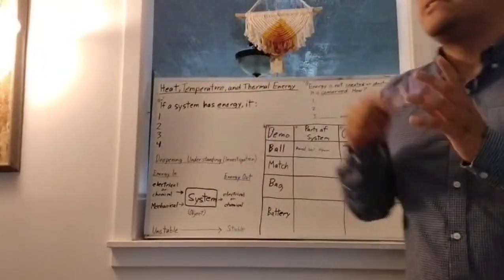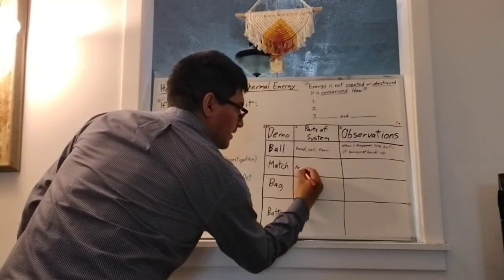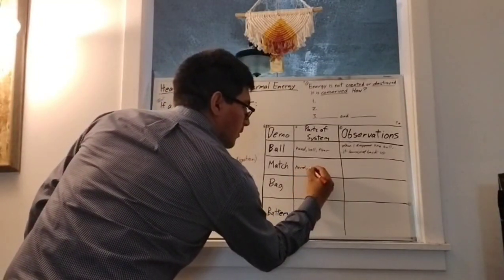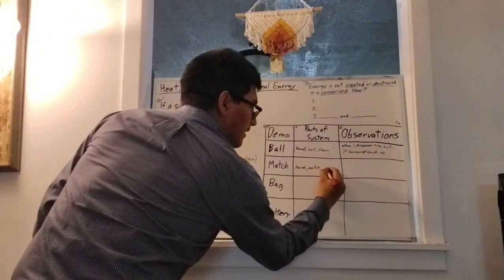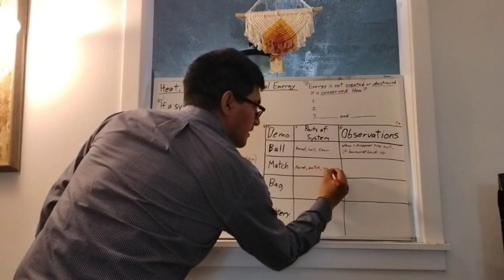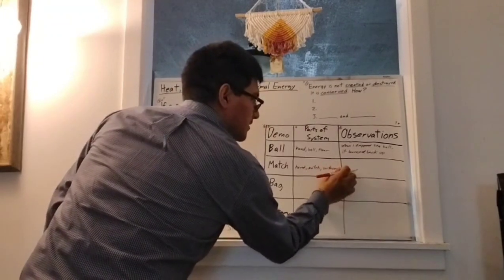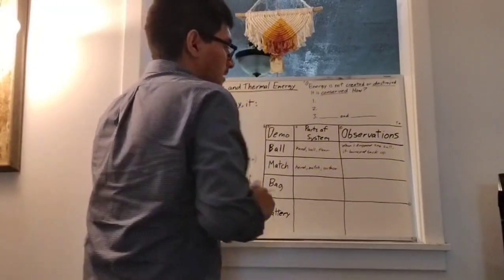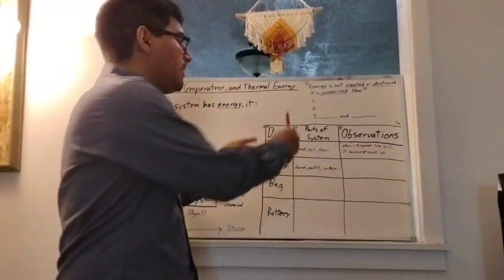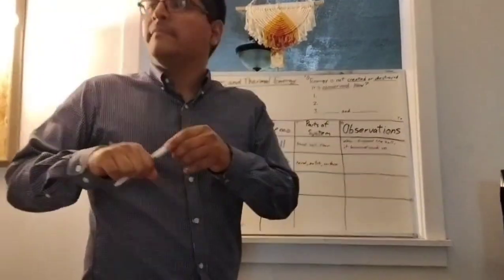So what were the parts of the system again? Good, we have my hand, we have the lit match, and then we have the surface that we use to create that friction. So what were our observations when we made all the parts of the system work? The hand, the match, and the surface. Okay, good.